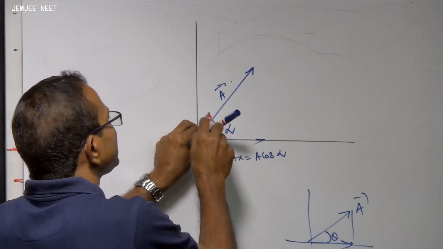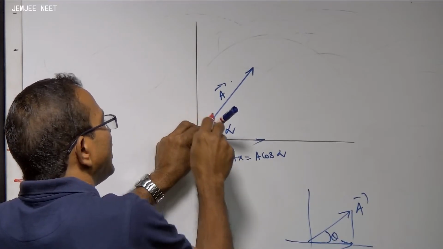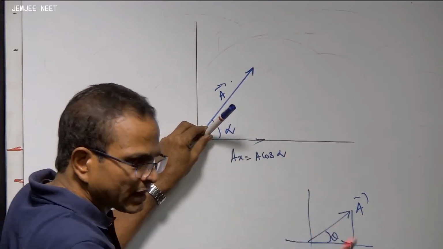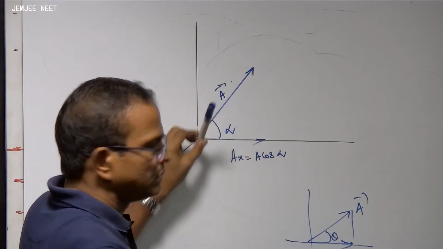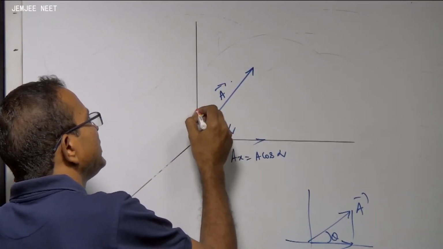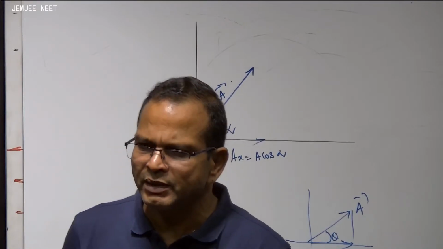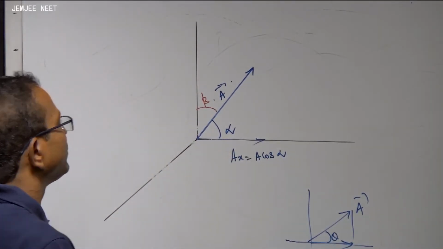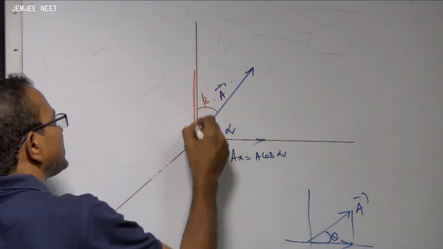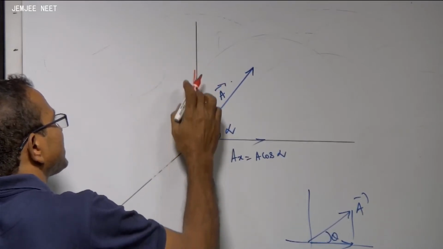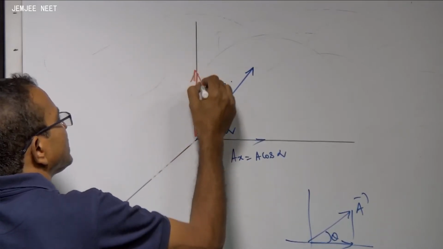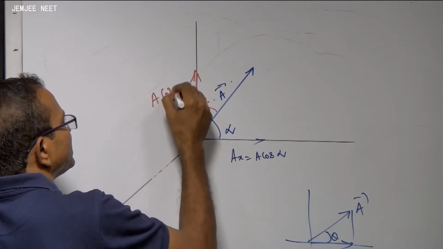Assume it makes an angle beta with the y axis. Definitely alpha is not going to be beta, it is something new. So how much component will it have along y? Quickly, A sin beta or A cos beta? That's where the problem is.